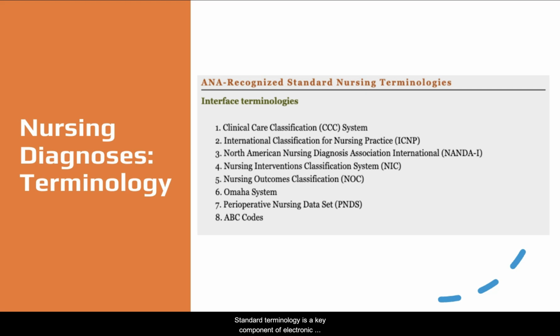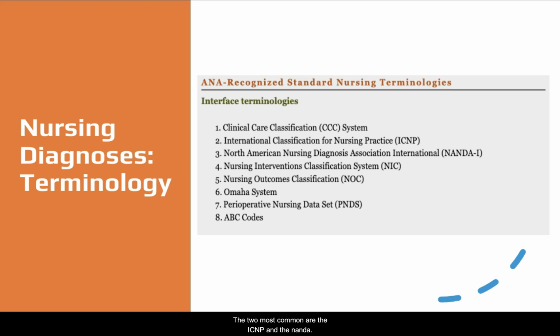Standard terminology is a key component of electronic health records. When practicing as a nurse, it's important for you to know the nursing diagnoses classification systems that are used in your agency or your nursing school. So this is a list of recognized and reliable nursing diagnosis classification systems.